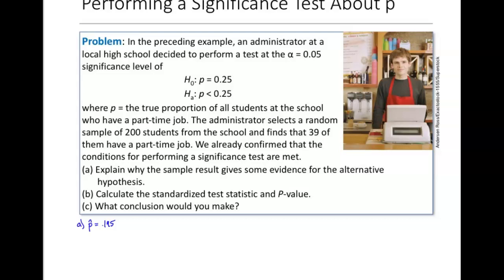Exactly. So p hat is less than the assumed p naught, right? So since our sample is less than 0.25, which is what the alternative is stating, we do have some evidence of that.